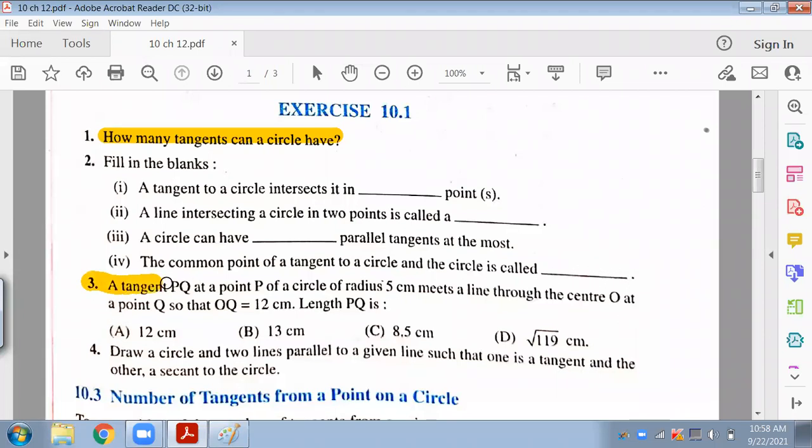Then question number 3. A tangent PQ at a point P of a circle of radius 5 meets a line through the center O at a point Q, so that OQ is 12 cm. Find the length of PQ.